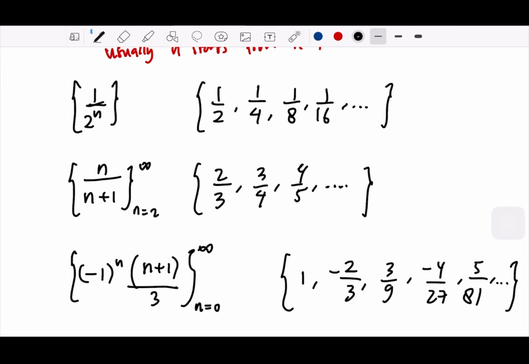It can be -1 with power of n, or maybe n minus 1 or n plus 1. It depends on the formula. But when you look at the formula, if you have -1 with power of something, then it should be an alternating sequence. So that's the alternating sequence.